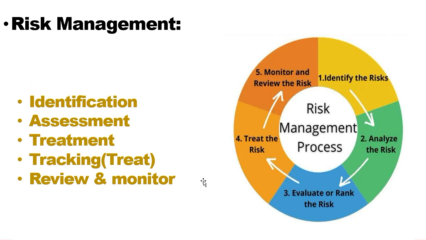Then you will review what you have done overall, and monitor, and then again it goes into your first phase, identifying the risk. So that's a complete ongoing cycle that goes one after another, and that helps to evaluate the performance of the implemented risk management strategy, which helps to reduce the attack surface and protect the business.